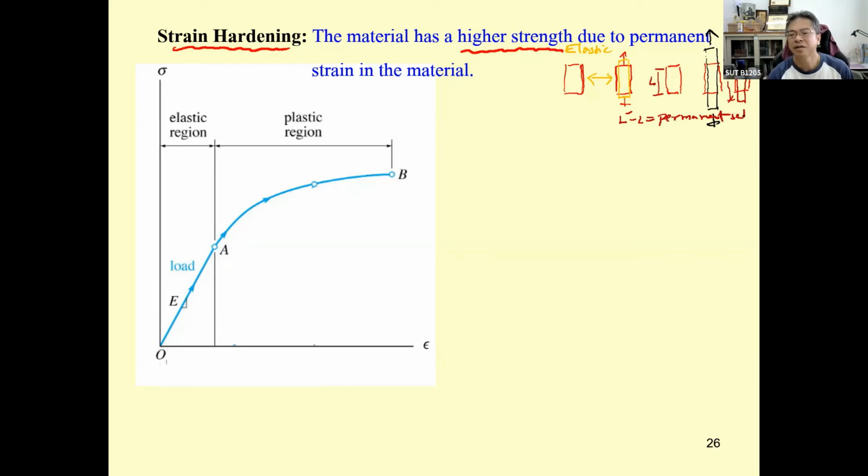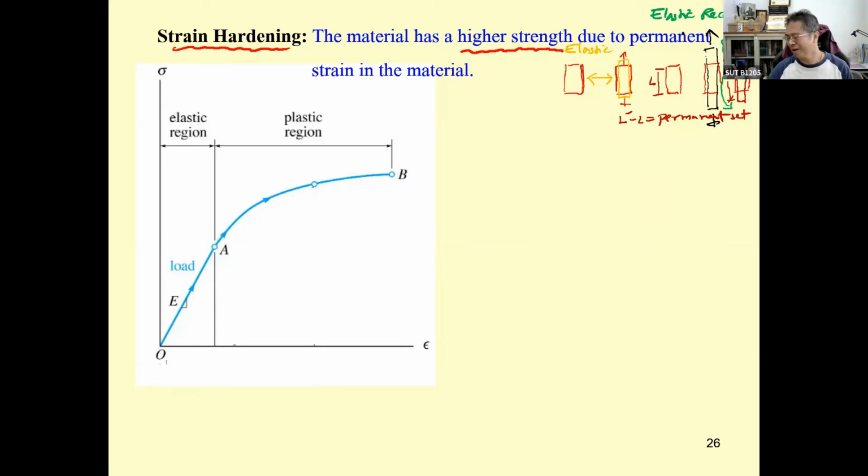permanent set. Okay, in Thai it is going to be การเปลี่ยนแปลงรูปร่างถาวร, and there is a small change over here. If you combine them together, this is called the elastic recovery.